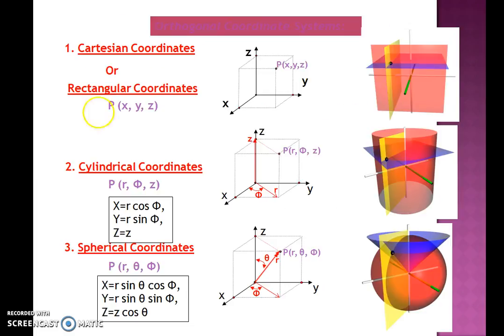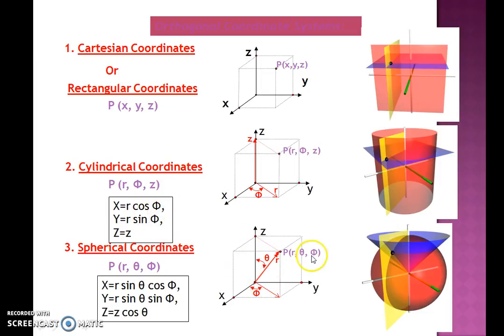And thus the 3D views of all three coordinate systems are given by these figures. This is the figure of point P in the Cartesian coordinate system. You can locate point P by the x, y and z axes. In the cylindrical coordinate system, the same point can be written in terms of r, theta and z, and you can convert this point into rectangular by using this equation.